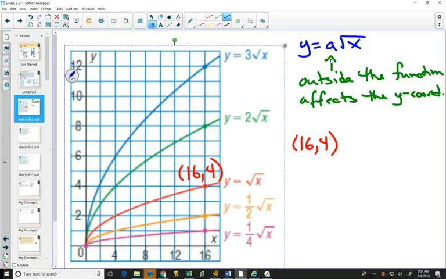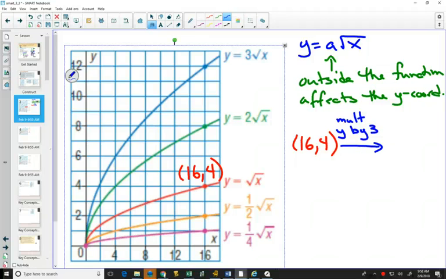What we're going to do sort of as notation is show how particular points are going to change. So (16, 4) is a point on my original graph. But on my blue graph, I have y equals 3 times square root of x. That's going to multiply my y values by 3.